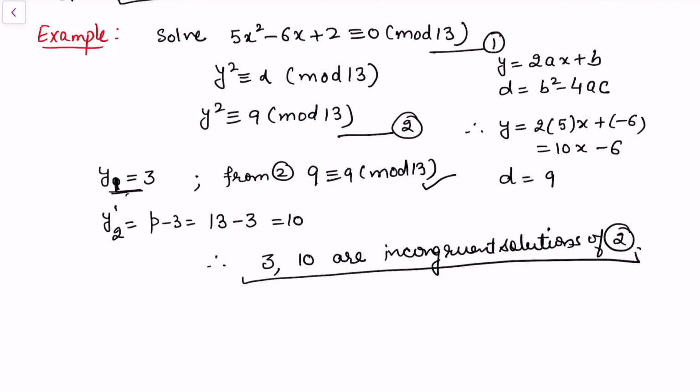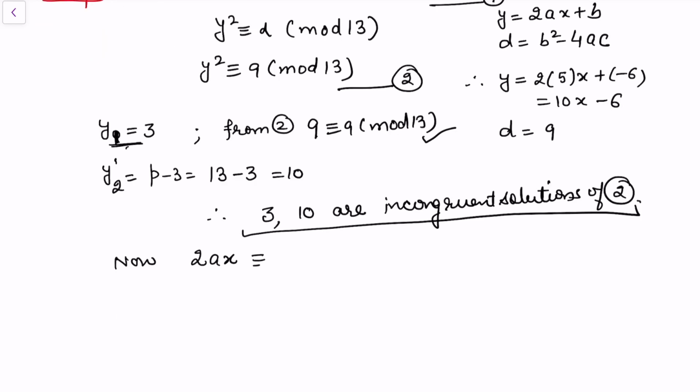From here we can now find the solutions for 1. For finding the solution of 1, I need to construct the equation 2ax is congruent to y minus b modulo p. This is what I want to solve. When y is equal to 3, this congruence reduces to 10x is congruent to 9 modulo 13, where I directly substituted the value for a.